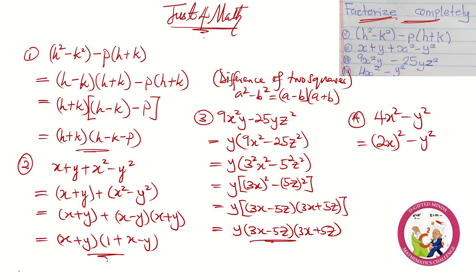Having represented the expression in this form, we then apply the idea of difference of two squares, which goes by 2x minus y times 2x plus y. Great. And that's it. So you can see how these expressions were easily completely factorized using the idea of difference of two squares. It's a very powerful idea in algebra.